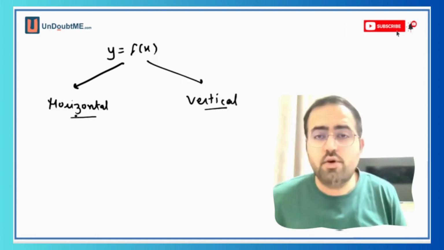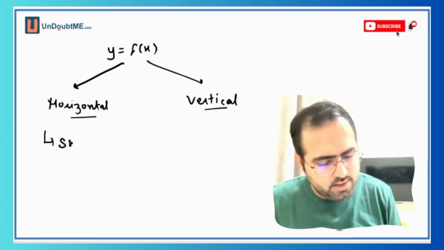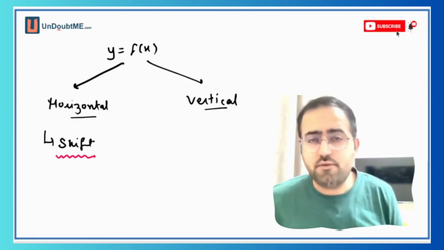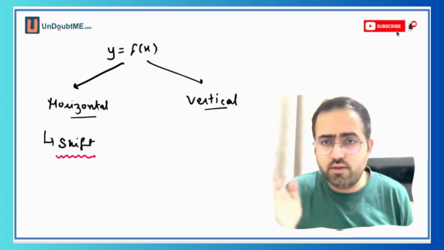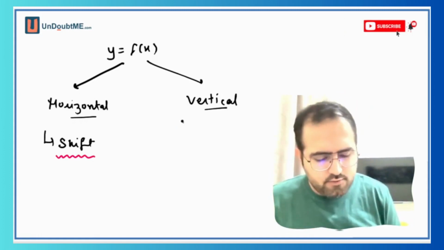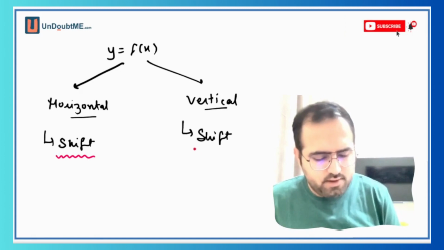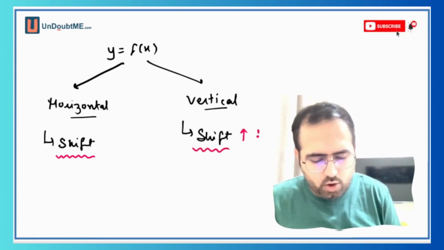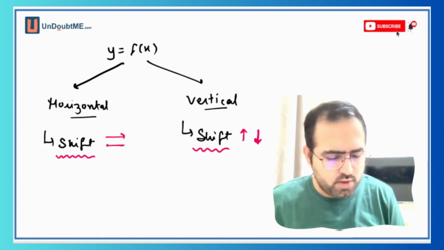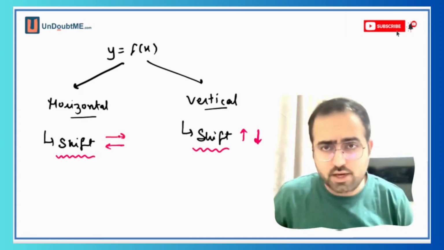Now in these we can either shift them, so we can call it horizontal shift. Horizontal shift will be either towards the left or to the right for a function. And in vertical also I can involve shift, and this shift will be either up or down. How it is, we will see in the video, so stay tuned.